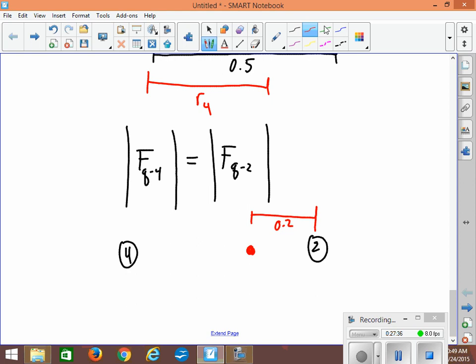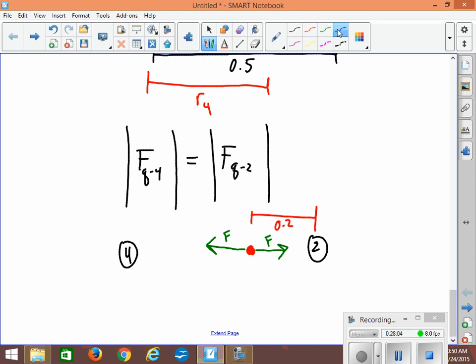Here, there's a repulsion this way from the 2 microcoulomb charge, and a repulsion this way. Or if we assume a negative charge, it would be an attraction and an attraction, but the same amount. So the math says, here's one spot where the value of this force is equal to the value of that force, the magnitude only. But there's another spot, and it happens to be a distance of 1.2 meters away, right?